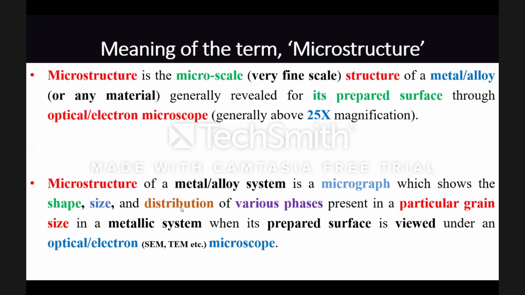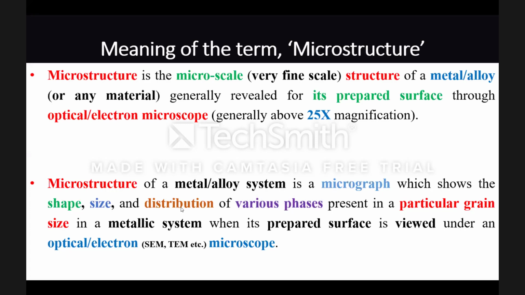And the other important aspect is the grain size. So if you look at this definition, you will see both the things present: details of various phases and particular grain size. So microstructure has got two major components present in it. One is the phase details, and the other is that these phases are present in what type of a grain size.